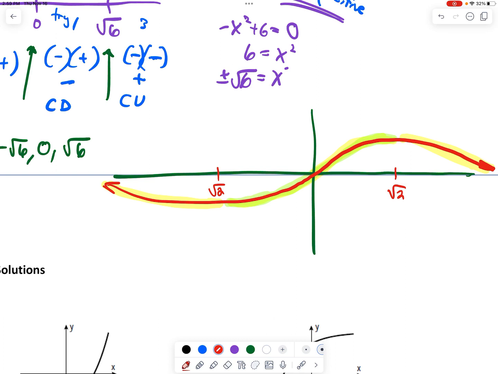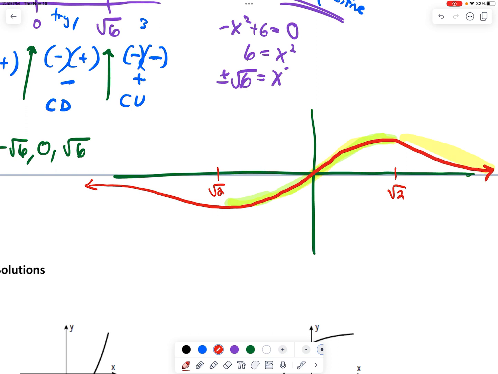When it came to concavity, we are concave down from negative infinity to negative radical 6. So you know what? I think I might have to redraw this one, because I think we are concave down, concave up, concave down, concave up.